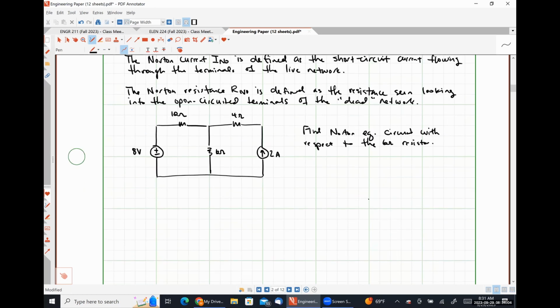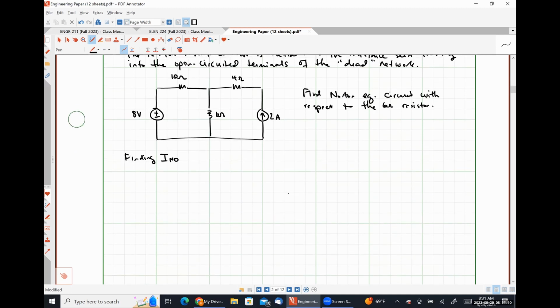What we'll do is take our original circuit, and instead of replacing this 6 ohm resistor with an open circuited set of terminals, we're going to replace it with a short circuit.